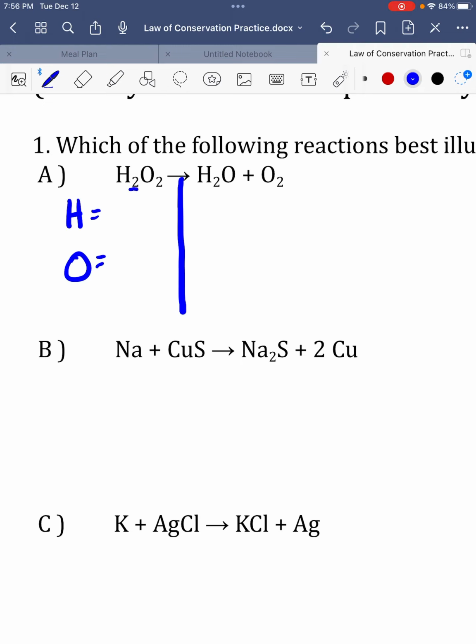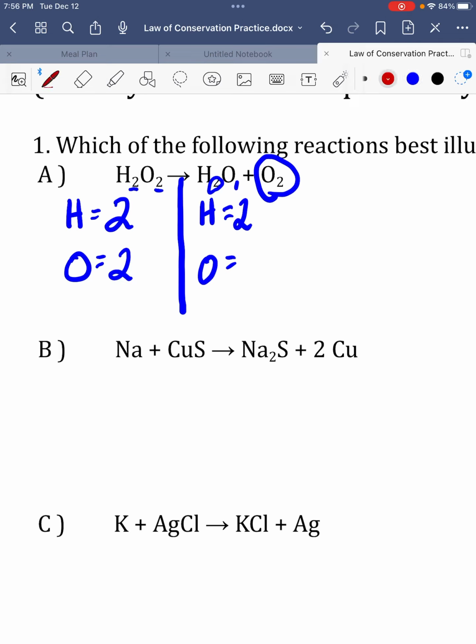All right, on the reactant side, I have 2 hydrogens, so I'm going to put a 2 here. And I've got 2 oxygens, so I will put a 2 here. I'm going to write down the same atoms on the product side, and I have 2 hydrogens, but this time you'll notice I have 2 oxygens here, and if there's no subscript, it's understood to be 1, so I have 1 oxygen here.